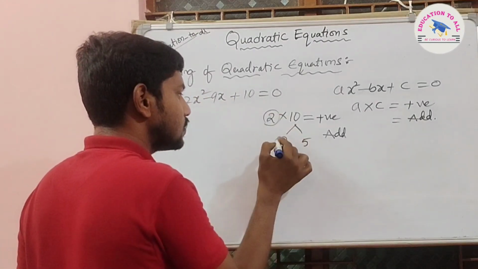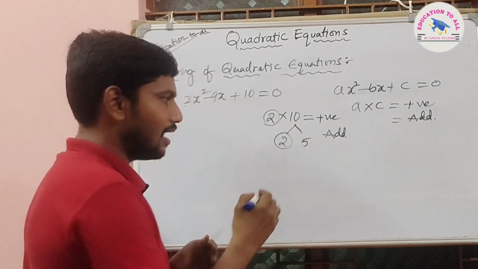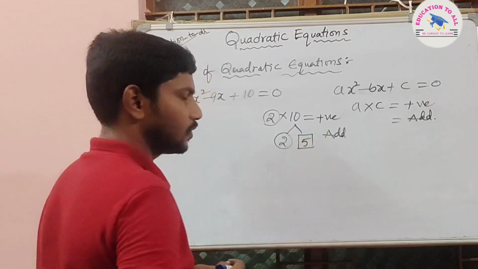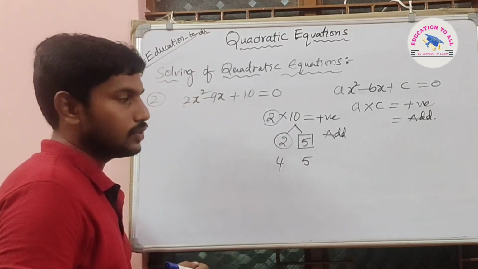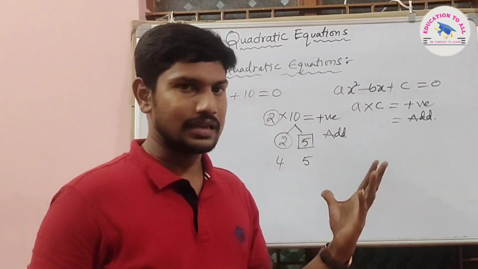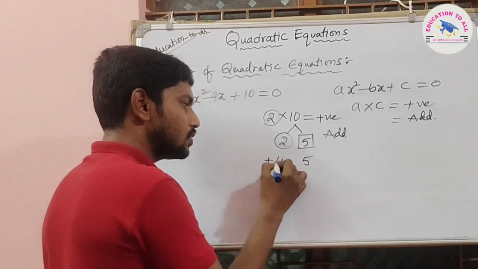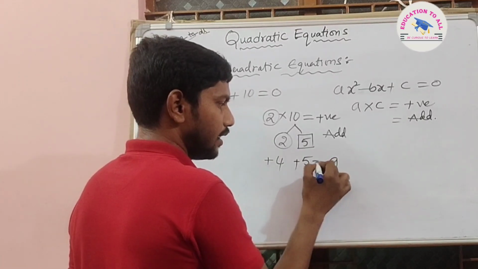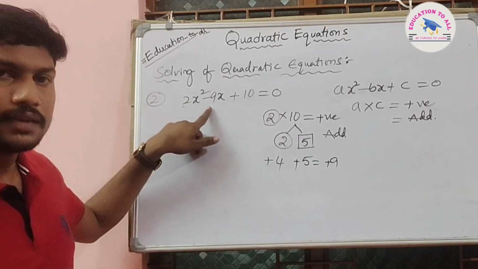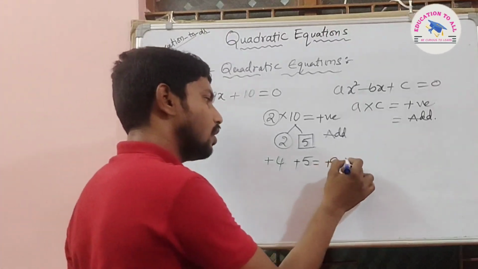So I will take 2 and 2 as one pair and 5 as another pair. So 2 2s are 4 and 1 5 is 5. There are two possibilities of addition we discussed already. One is positive positive, then the addition will come as 9. That is positive 9, but our requirement is minus 9. So that assumption is also wrong.